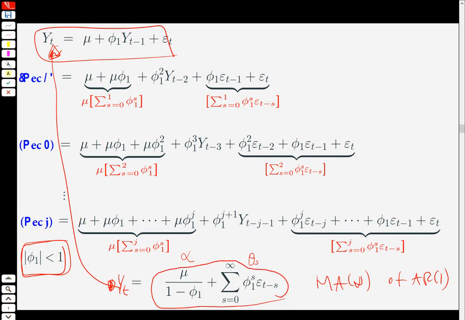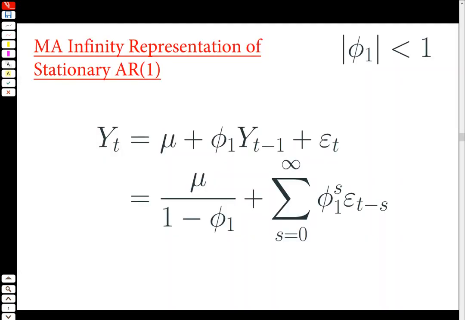We can then look at what happens to this term as j goes to infinity. Well, it's very straightforward. All we have here is the sum to j. So now we'll just let j go back to infinity, so it just becomes this, assuming the limit exists, which it will because this phi 1 is less than 1 in absolute value. The limit exists because these phi 1 powers go to naught very quickly.